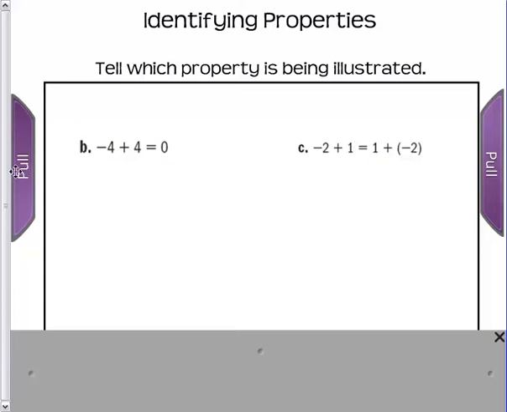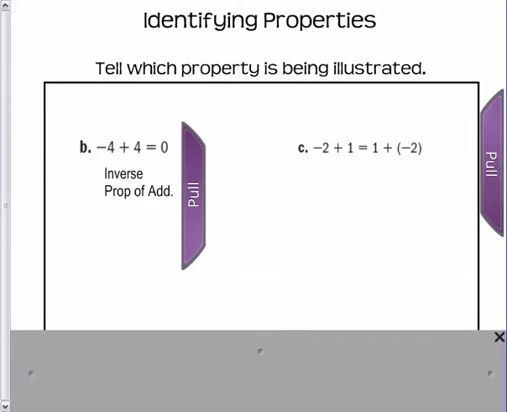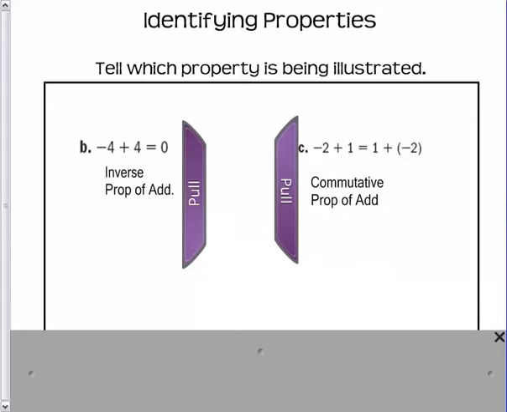Tell me which property is being illustrated. I'm going to go through the answers, so make sure you pause the video. All right, this is the inverse property of addition. Okay, what we're saying here is I'm adding its opposite to get 0. Over here, I just changed the order, so it's the commutative property of addition. Again, property of addition is incredibly important.